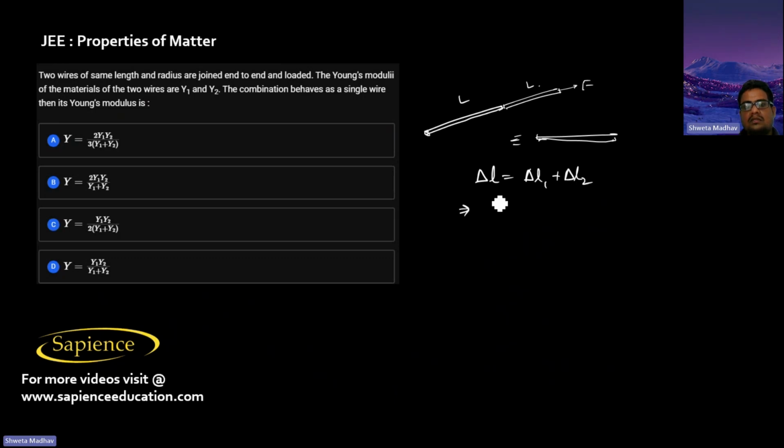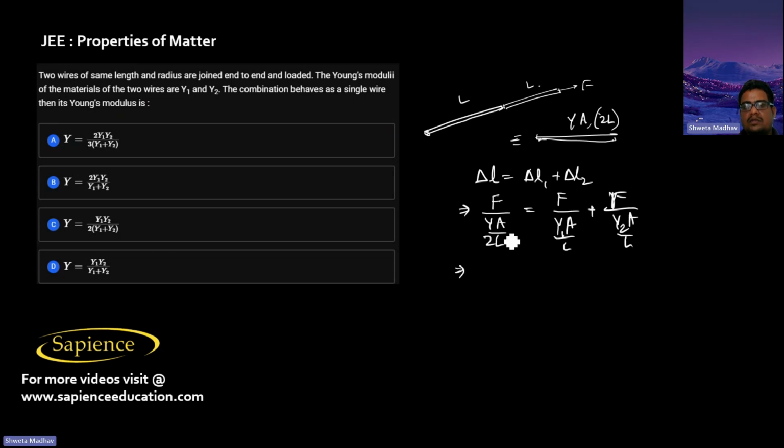Now delta L is equal to force F by A, which is y A by L. So your cross section is A and its length will be 2L, y A by 2L, that is equal to F by y1 A by L plus F by y2 A by L.